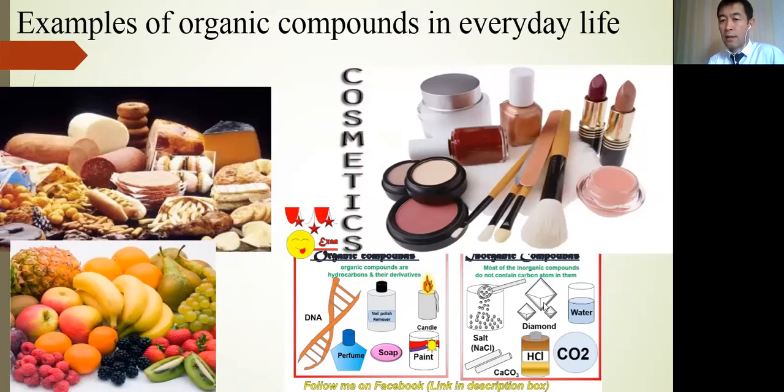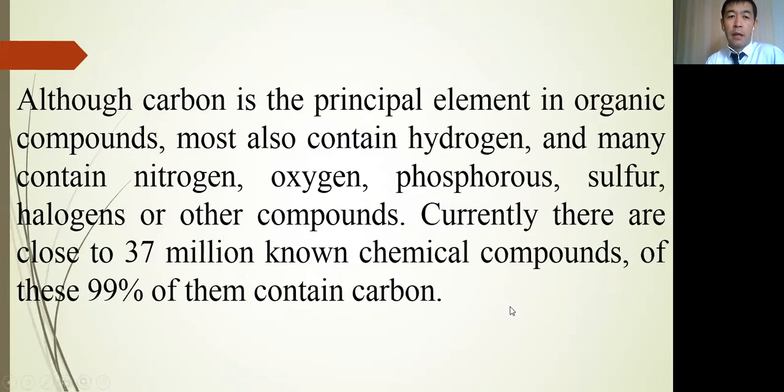Here a number of inorganic molecules are listed as well. Nowadays there are 37 million known chemical compounds in the world, and 99% of these known chemical compounds are organic molecules.